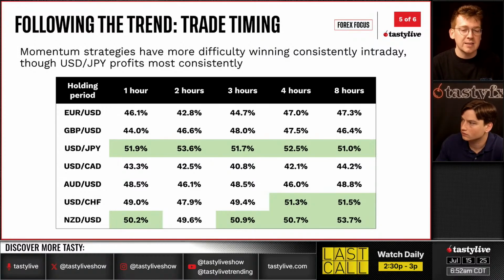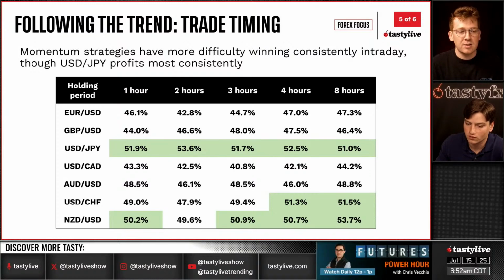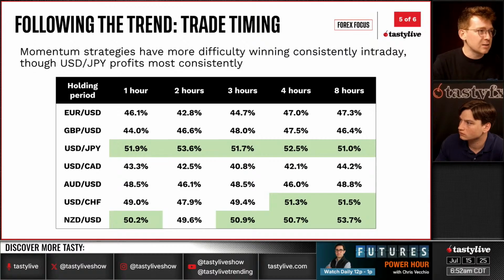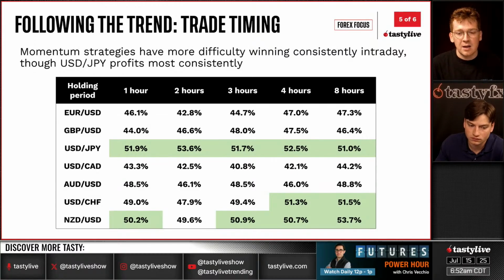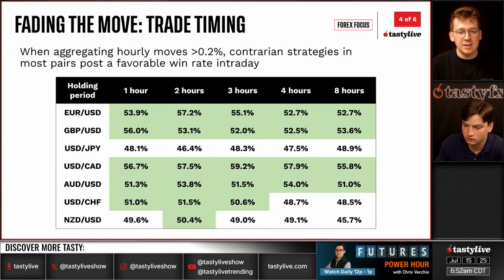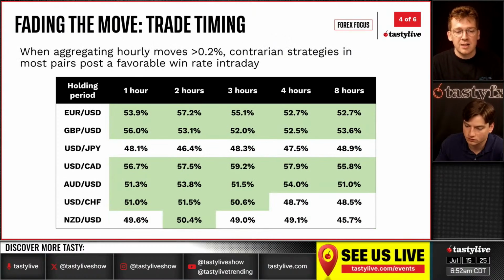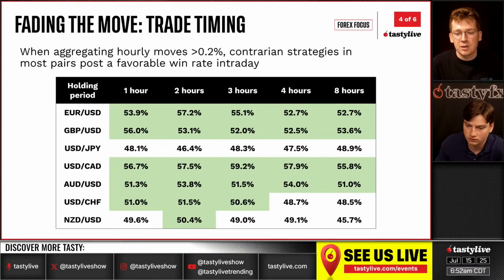Now, of course, that's taking a lot of assumptions, which is that you're going to be able to get the same profits as your losses. And a lot of emotions go into that. How much opportunity is there in that? Right. But yeah, especially when you're showing the dollar CAD stats and the Aussie stats and the Euro stats, and they're seeing some fading the trend, some contrarian win rates of 54, 55, 56, even up to 59% for fading dollar CAD moves.